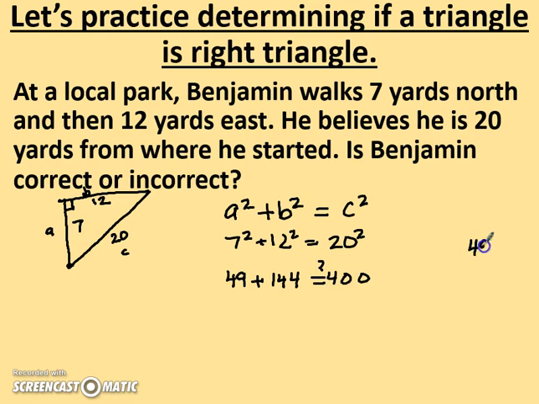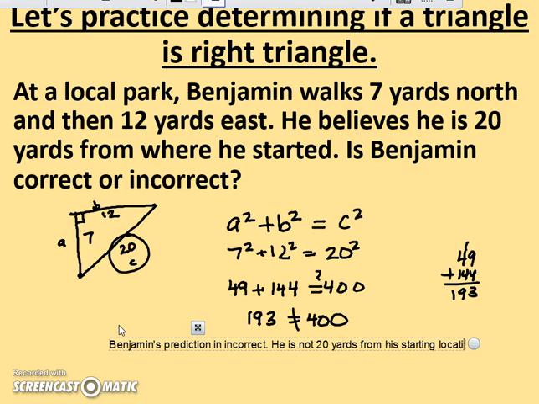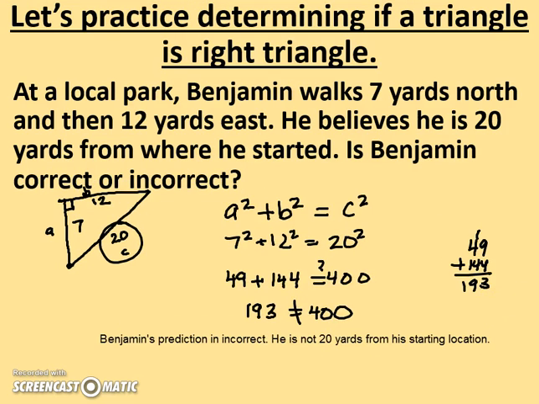So add 49 and 144 together, and we get 193. Is 193 equal to 400? No. So he did not estimate this correctly. Benjamin's prediction is incorrect. He is not 20 yards from his starting location.